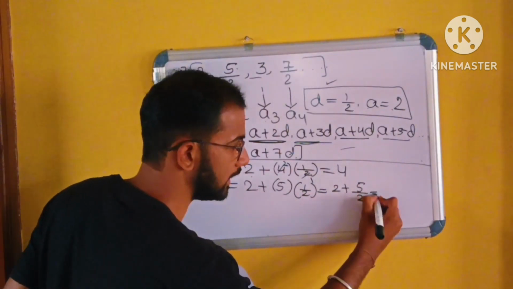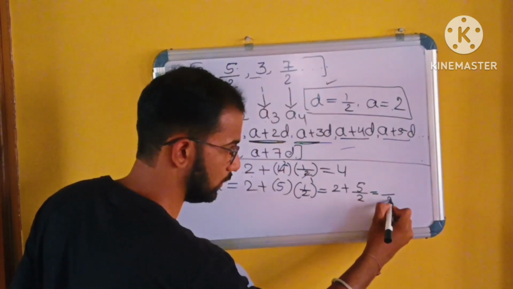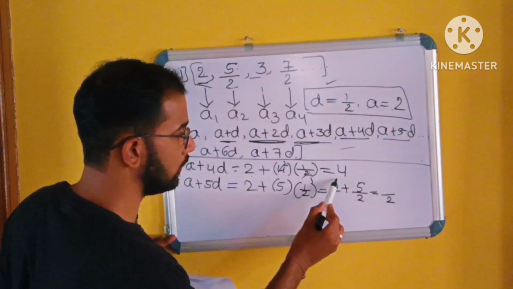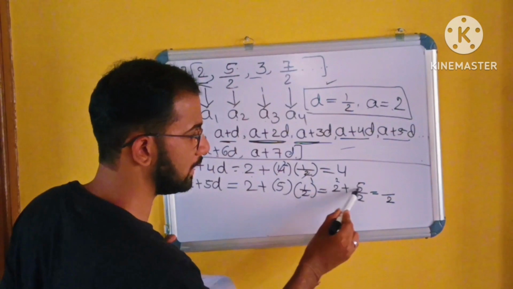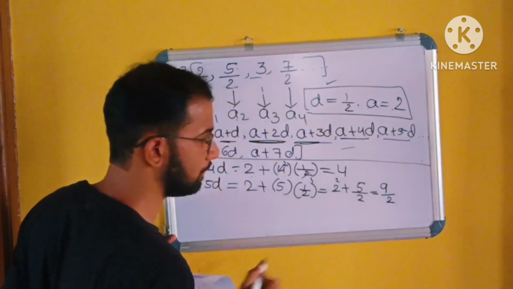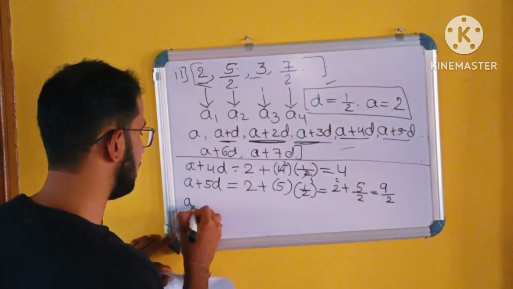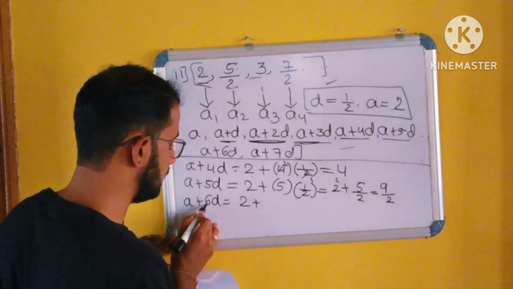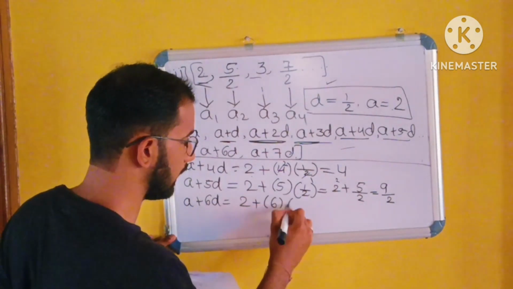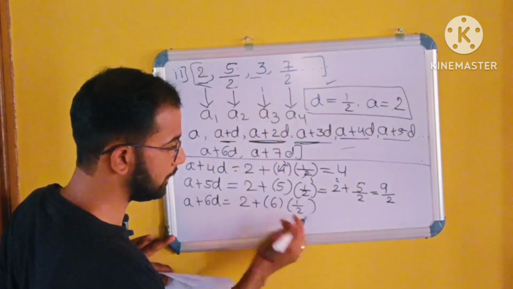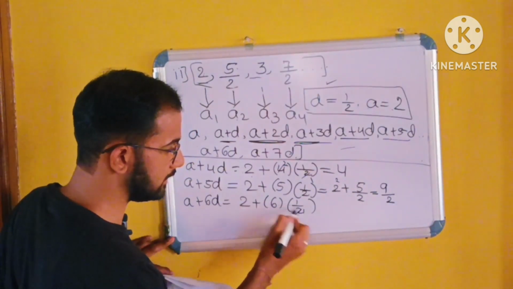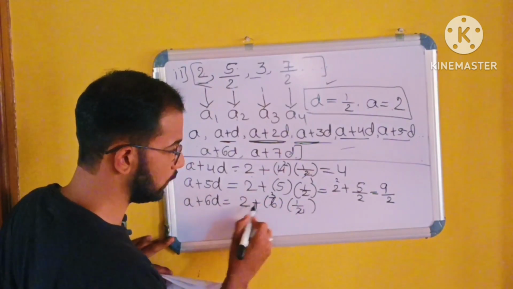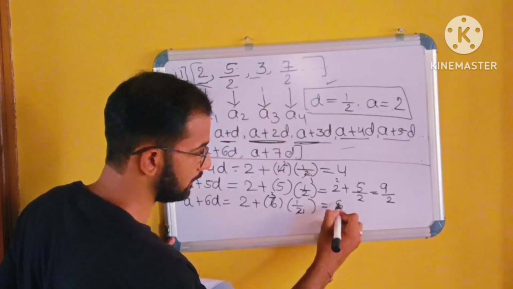If you take the LCM, LCM is 2. Then 1 2s are 2, 4 plus 5 is 9 by 2. Similarly, A plus 6D: 2 plus 6 times 1 by 2. If you multiply, these two will cancel. 2 ones are 2, 2 threes are 6, 2 plus 3 is 5.